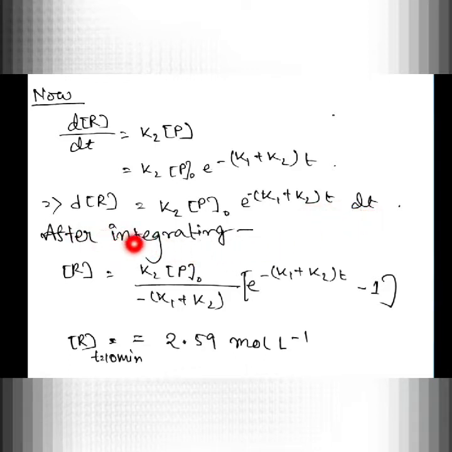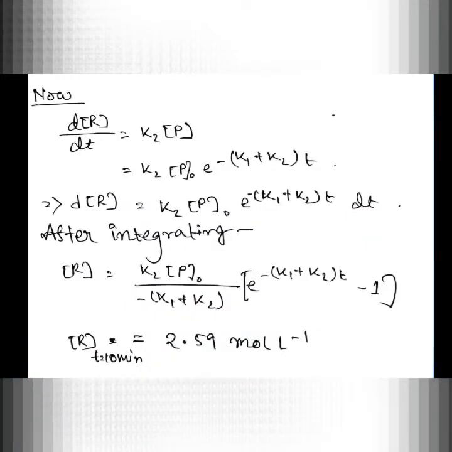Now we integrate from t equal to 0 to t. At t equal to 0 no R is formed, that is, the concentration of R is 0. Assume only P is present at the beginning of the reaction, so R0 is equal to 0.